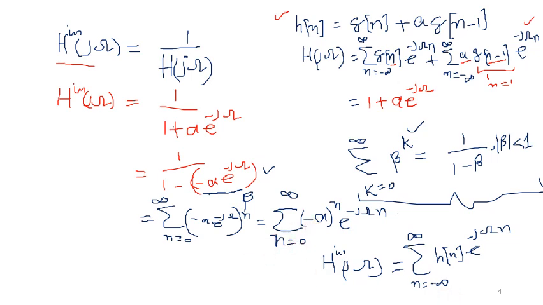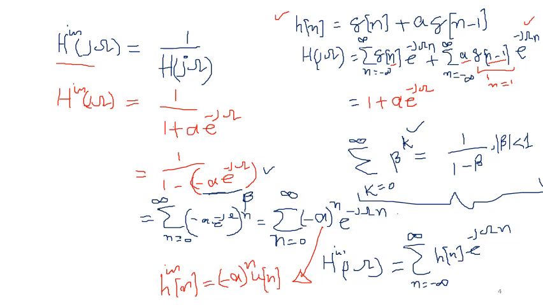So that means h inverse of n will be equal to minus a power n times the step function u of n. So this will be the impulse response of the inverse system, right?